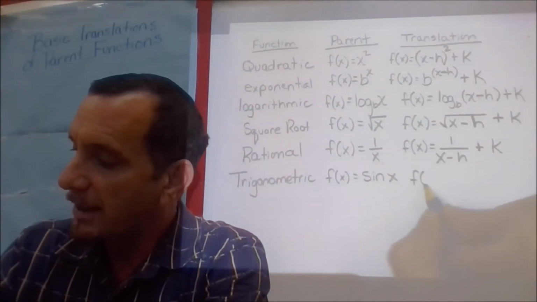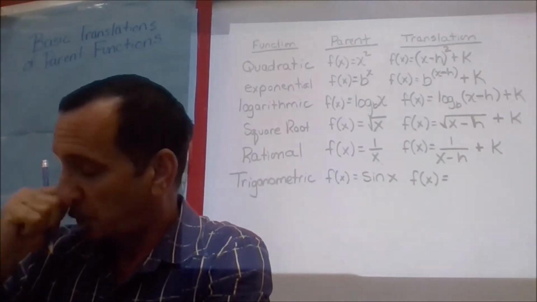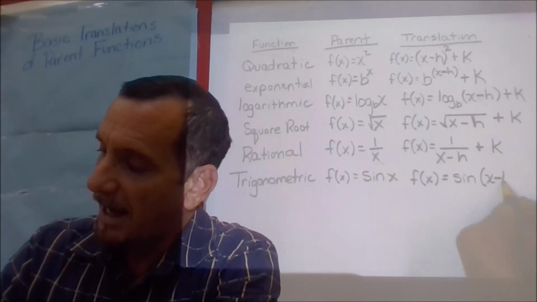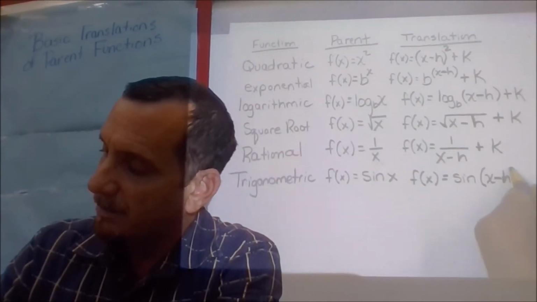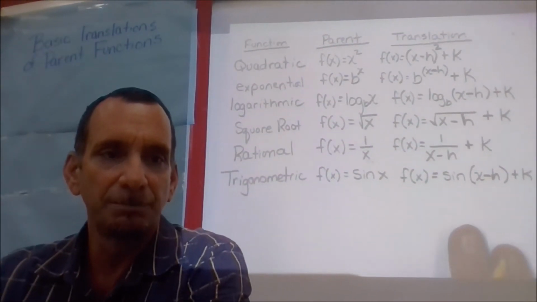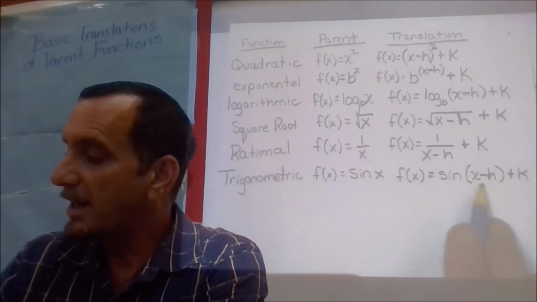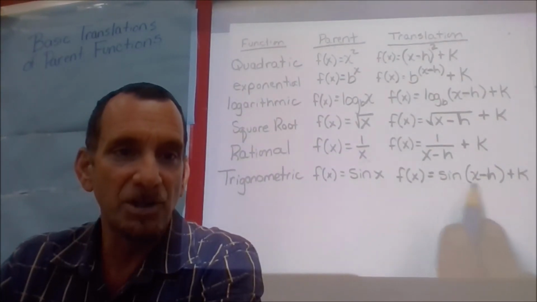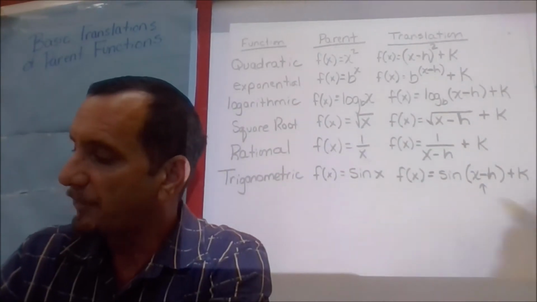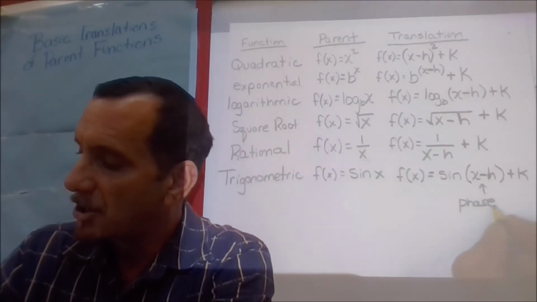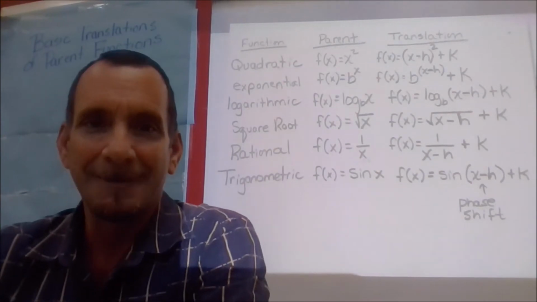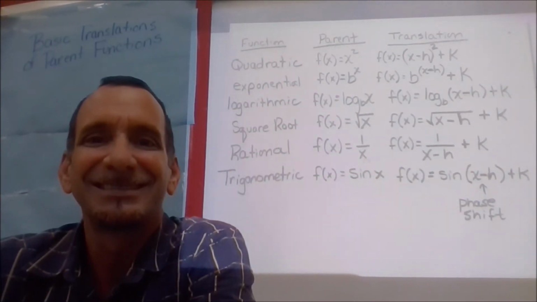We would take f of x equals the sine, get those parentheses because the h remains with the x, x minus h, plus k. Now, just for your information, when you translate left or right, when the function moves left or right in a trigonometric function, that's called a phase shift. And we'll learn all about that stuff as we get into trigonometry, pre-calculus, and even AP calculus.